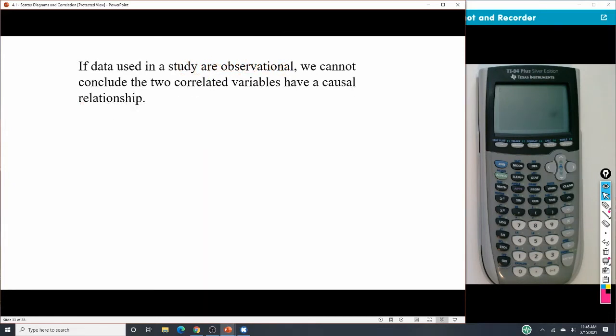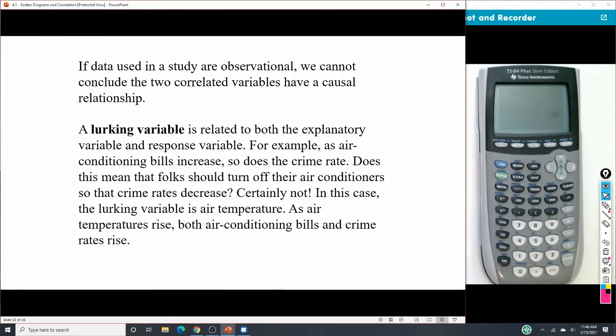All right, now we do have to be careful. If data is used in observational studies, we cannot conclude that two correlated variables have a causal relationship. We have to make sure that we talk about our lurking variables that could be related to both the explanatory and response variable. All right, so for example, as air conditioning bills increase, so does crime rate.